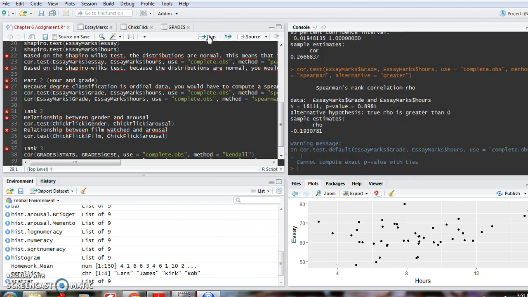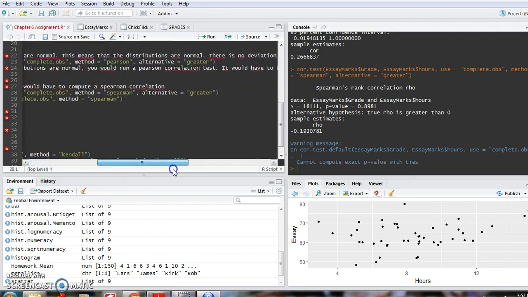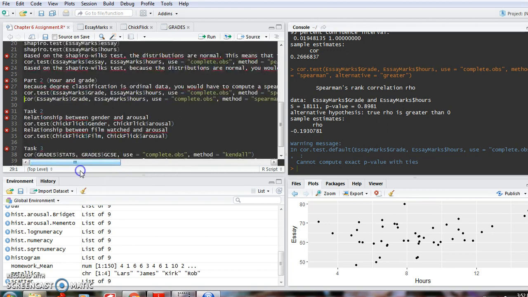I ran this, and we are given a p-value of 0.8981, which is non-significant as it is greater than 0.05.